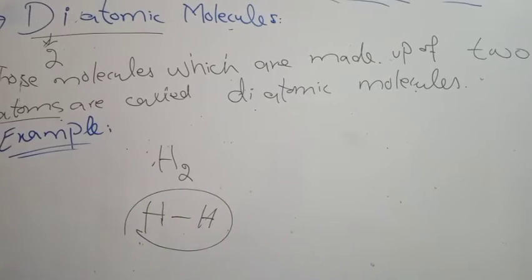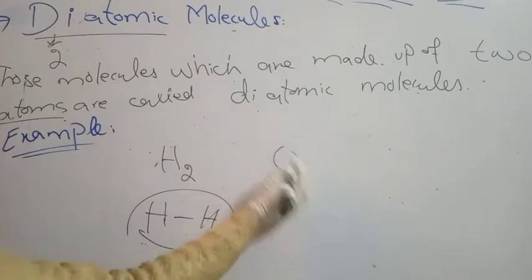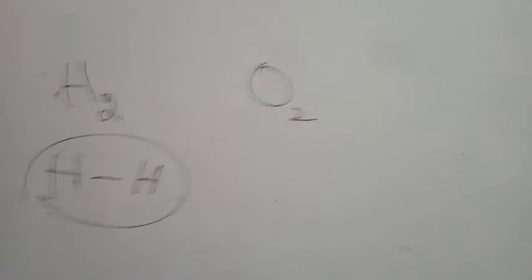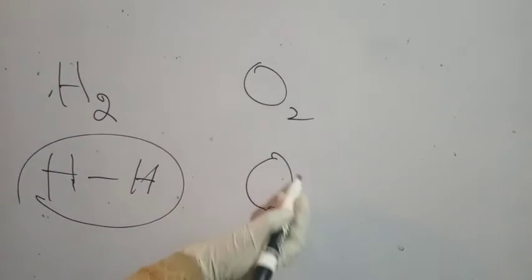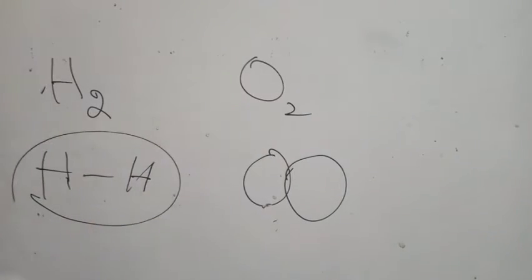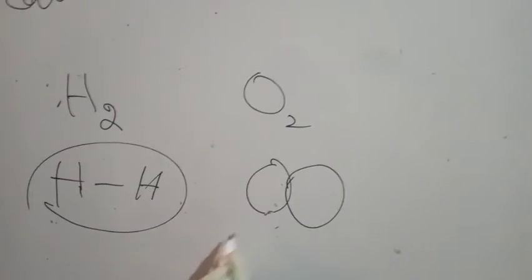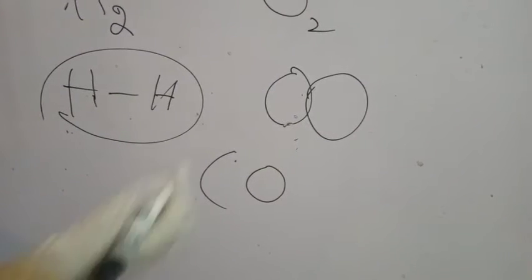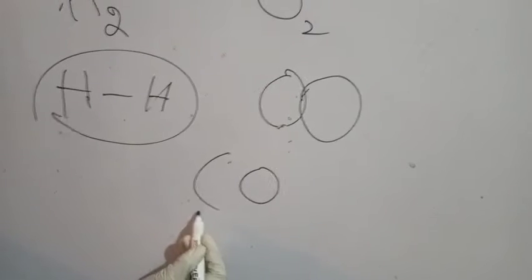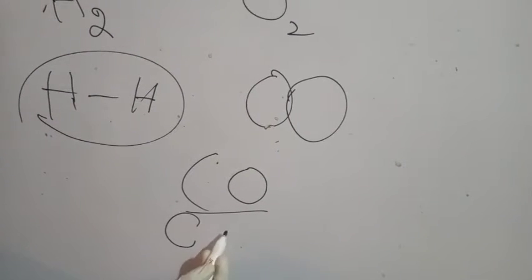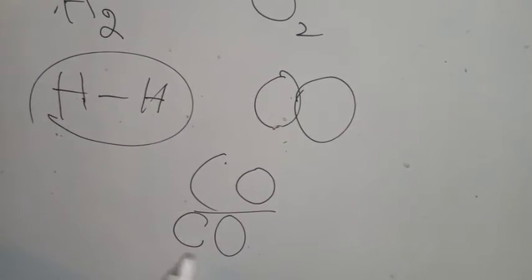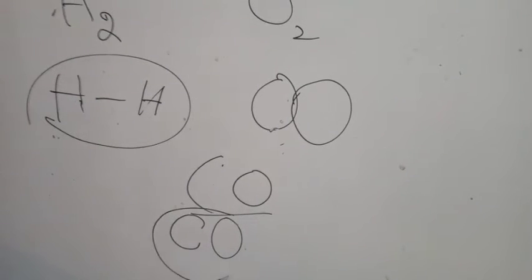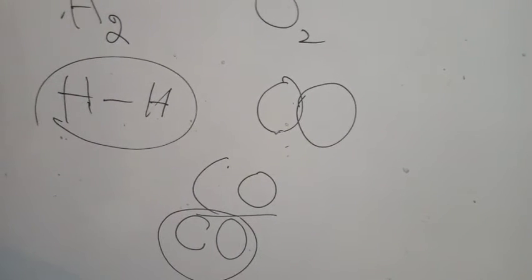The oxygen molecule is also an example of a diatomic molecule, because it is made up of two oxygen atoms. As well as carbon monoxide, which is composed of one carbon atom and one oxygen atom. So this is also an example of a diatomic molecule.